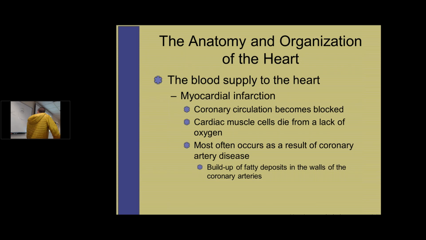So when you take a patient to a cath lab, that's what they're doing, right? They're snaking the wire up through the artery, going through the left ventricle, into the right atrium, because they're trying to get to the coronary arteries, right?